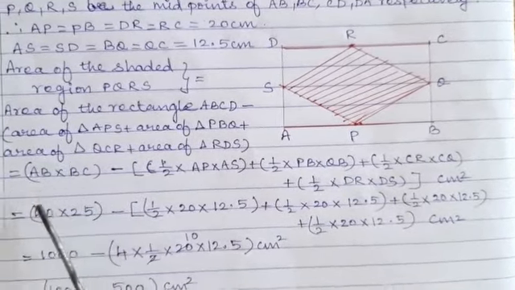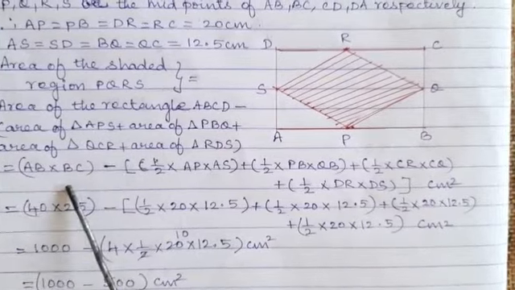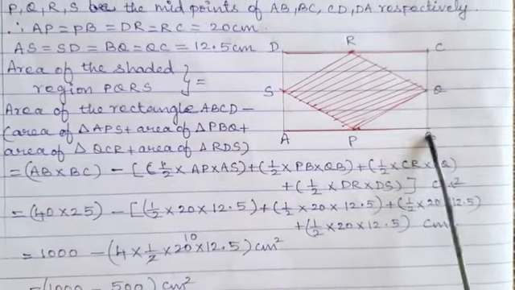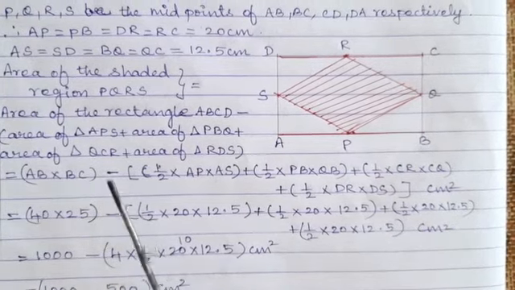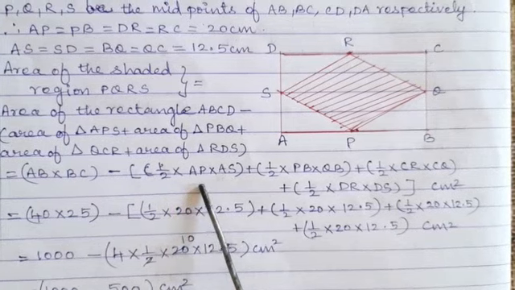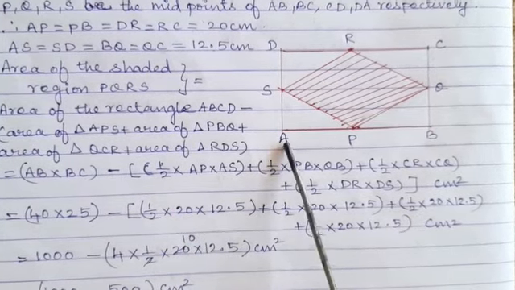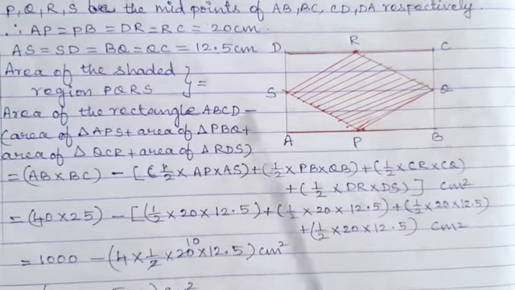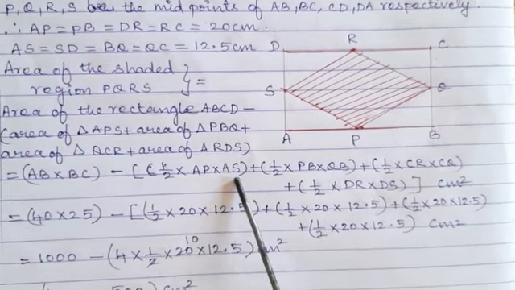First, we have to find the area of rectangle ABCD, that is length into breadth, that is AB into BC, minus area of triangle APS, half into base into height. AP is the base and AS is the height. So half into AP into AS.